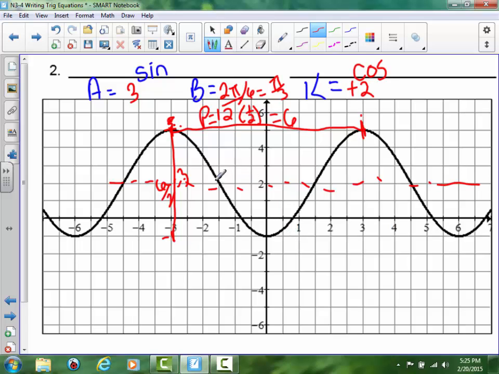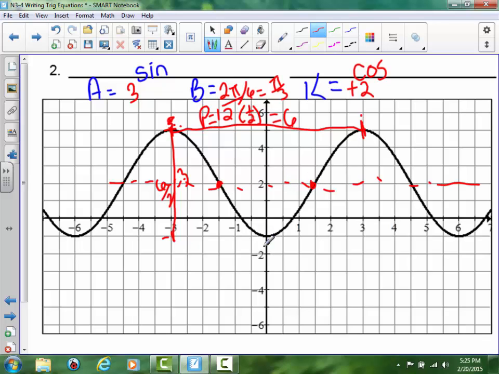Okay, so now that I've got my shift line drawn in, I want to figure out where's my starting point. And I said the easiest thing is just pick the one closest. So as I'm going along here, this point and this point would be the closest starting points, one to the left, one to the right. And it turns out they're exactly the same distance away from the y-axis.